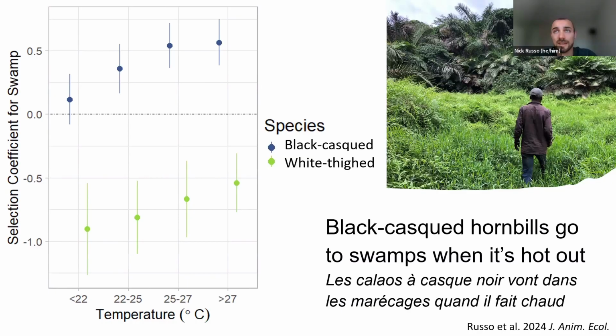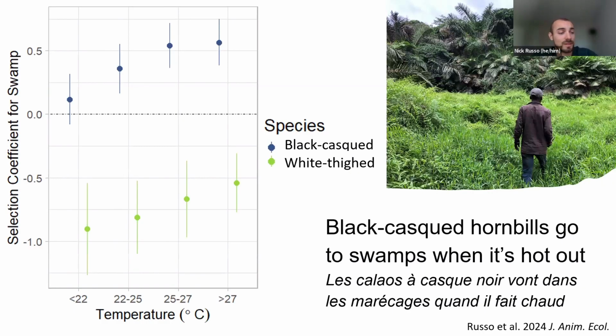So what this means is that Raphia palm swamps are likely to be very important for the future range of black-casqued hornbills as climate change brings greater temperature and precipitation extremes to the region.